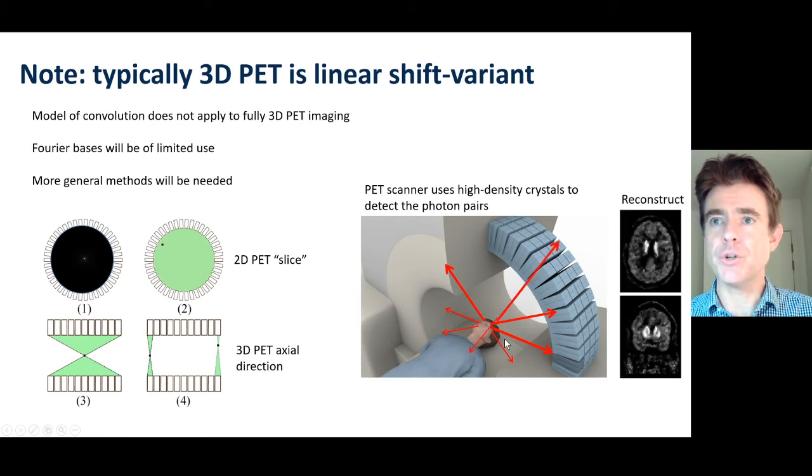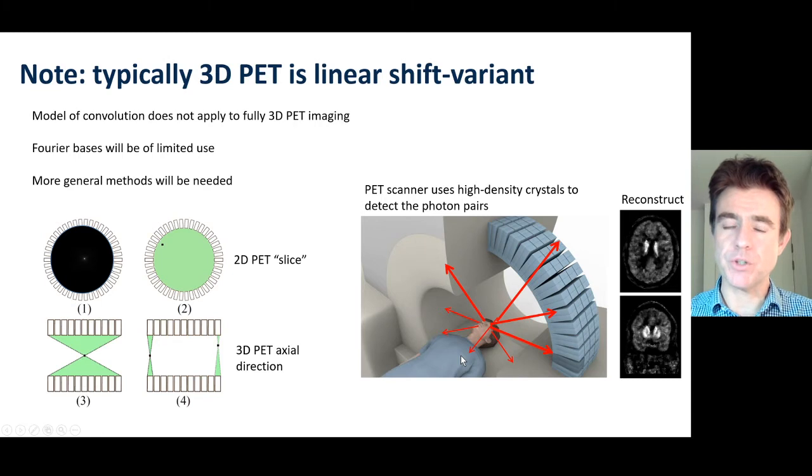And then what I'm trying to show with this axial case is back-to-back photon pairs that go deep into the scanner. Obviously, we have isotropic emission of back-to-back photon pairs, and plenty of them go into the fully 3D geometry of the scanner. Anyway, all that to say, 3D PET is linear shift variant, and so the convolution methods we've been looking at would not work.